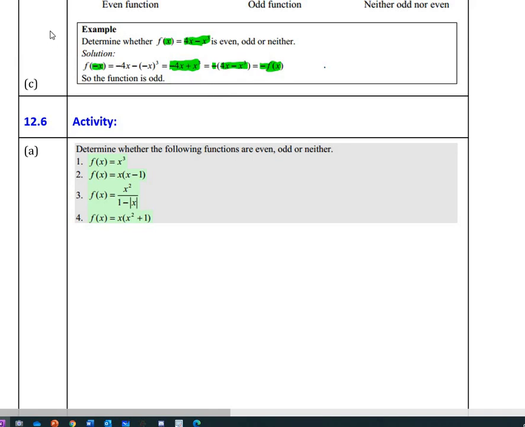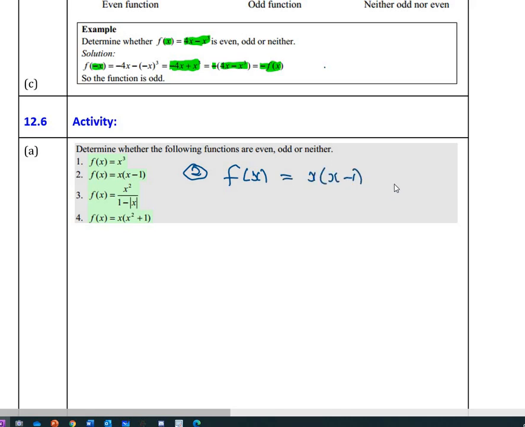So really not difficult. Okay, let us look at another example quickly. Let's say we have this number 2. We have f of x is x times (x minus 1).